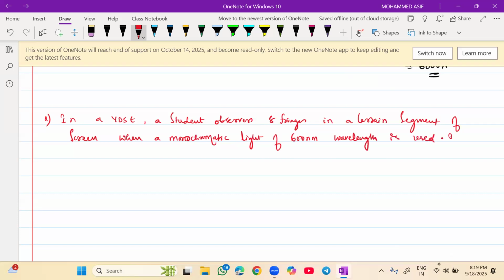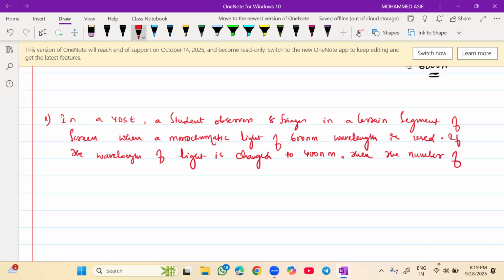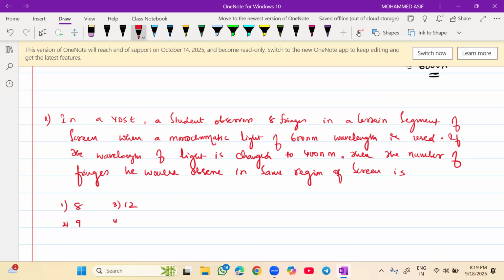If the wavelength of light is changed to 400 nanometers, then the number of fringes he would observe in the same region of the screen is how much? Options: 8, 9, 12, 6.